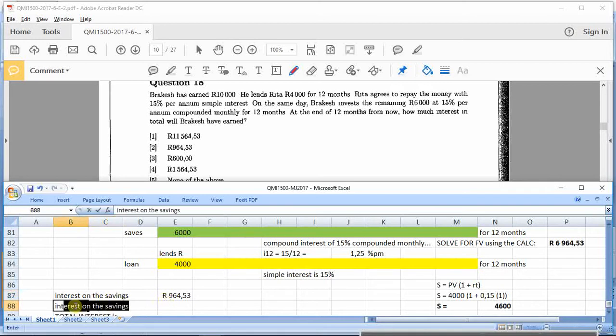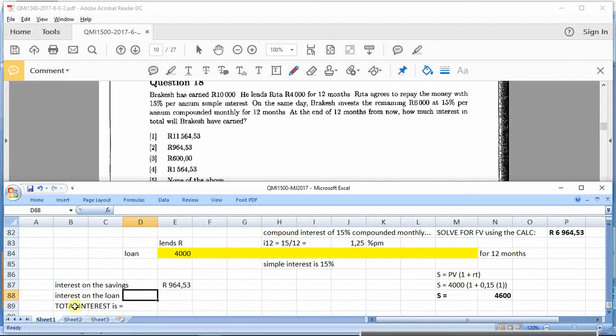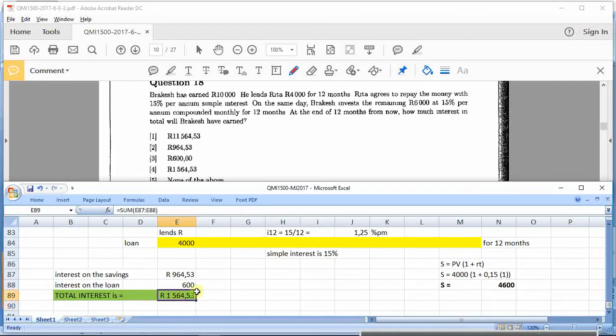And then interest on the loan is this minus that. So the total interest is the sum of those two amounts. So option 4.